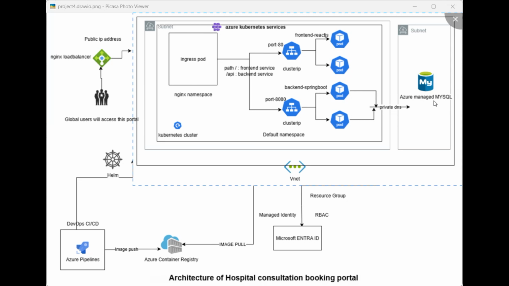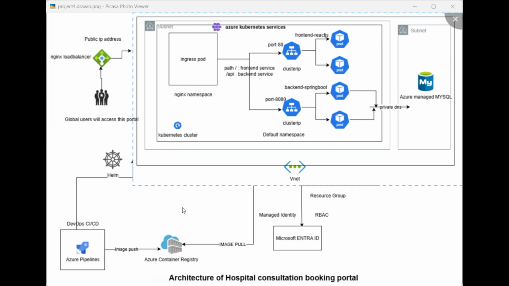Once all the resources are completed, we need to create an Nginx load balancer. For that we have another pipeline, Helm installer, which will install the Nginx load balancer.